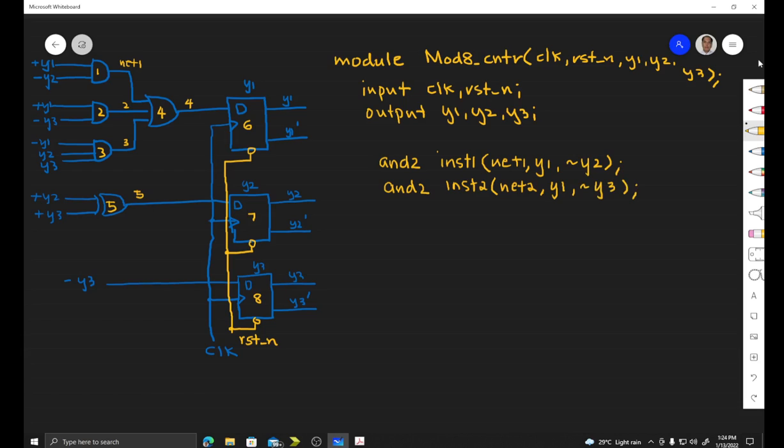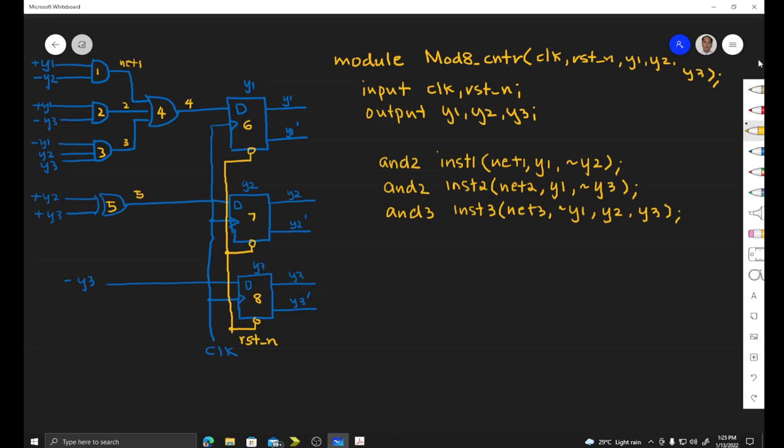Then our third component is a 3-input AND gate, so let's say AND 3, instantiate 3, output is net 3, inputs are not Y1, Y2, and Y3. So these are the AND gate components.